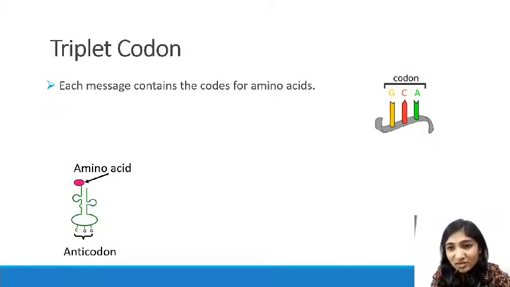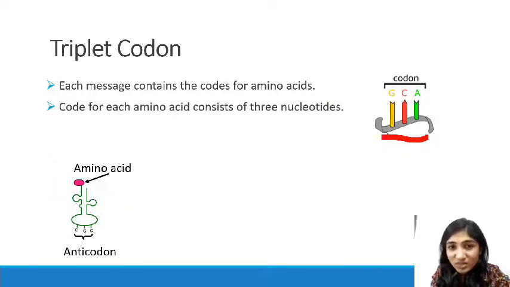So you know that this is mRNA and the sequences are like this, but this message contains codes for amino acids. The code for each amino acid consists of three nucleotides. So three nucleotides form a code for one amino acid, and that is called a codon. So codon means three nucleotides on mRNA, simple as that, and they carry the code for one amino acid.